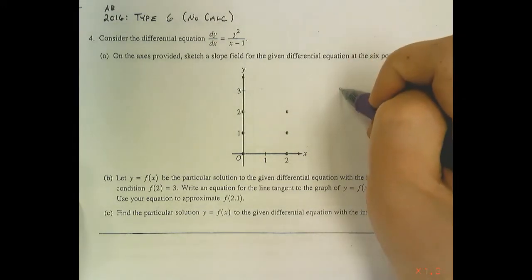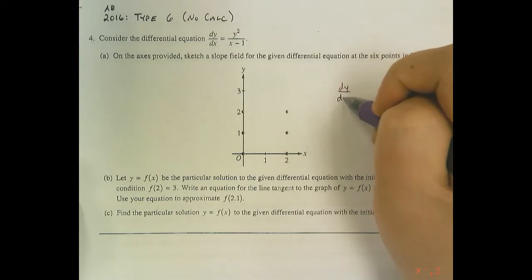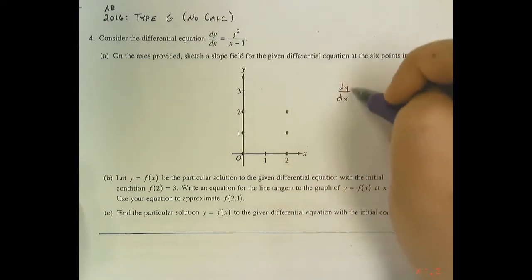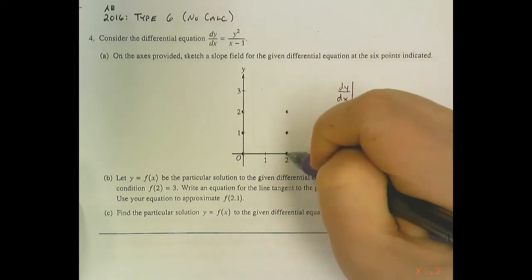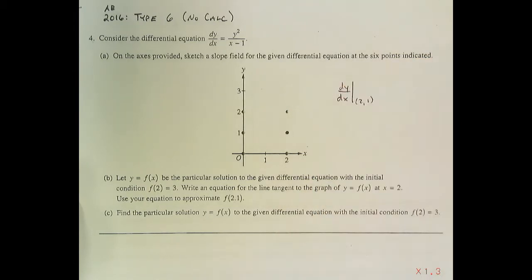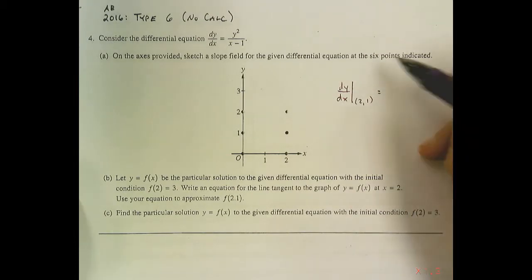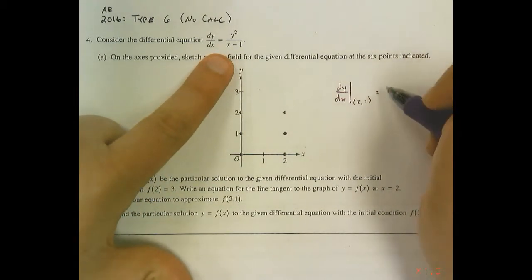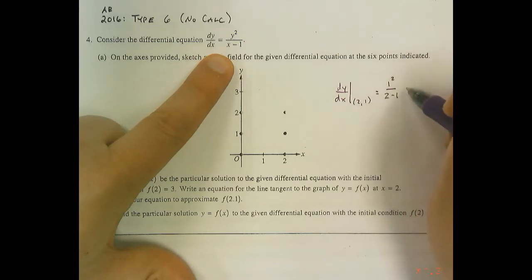So as a quick refresher, the way we calculate slope is we pick an arbitrary point, like we'll say at (2, 1). We're looking for the slope at this point, and we stick that into our slope generating equation. So 1 squared over 2 minus 1 is equal to 1 over 1.